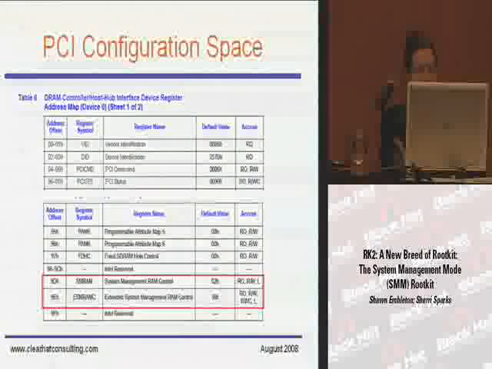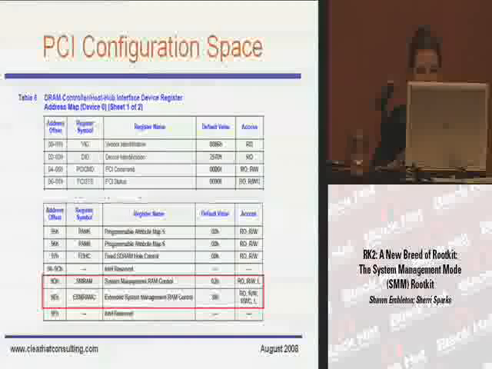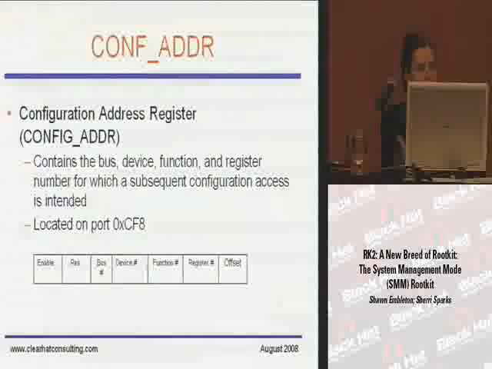The two registers that we're really interested in are down there at the bottom at offset 9D and 9E. And that's the System Management RAM Control Register and the Extended System Management Mode RAM Control Register.